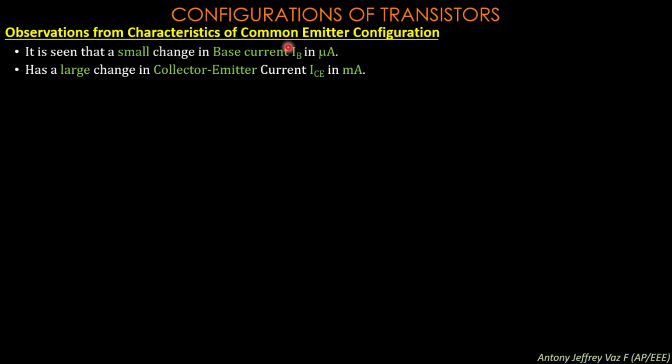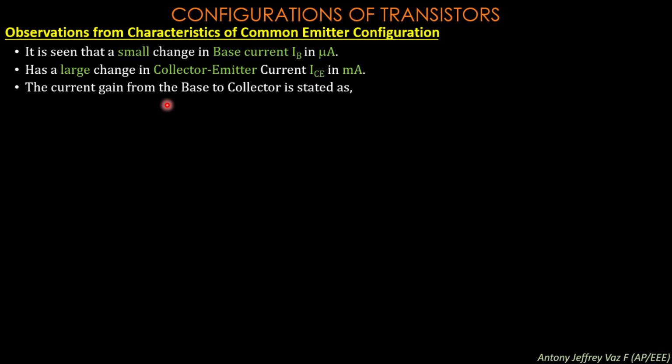So what happens here is you are just changing the value of IB in small steps of microamps, but the collector emitter current is increasing by a range of milliamps. So this is a major phenomenon for which this transistor is connected in common emitter configuration for most electronic applications.